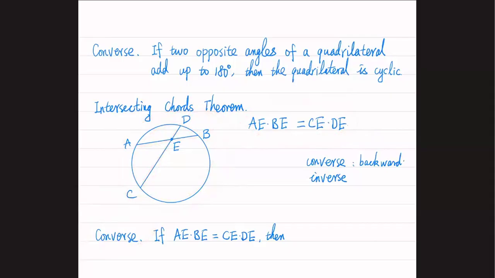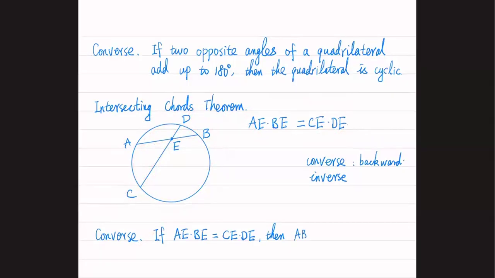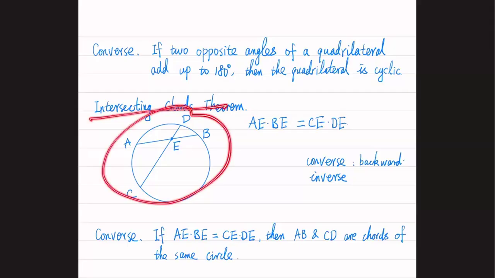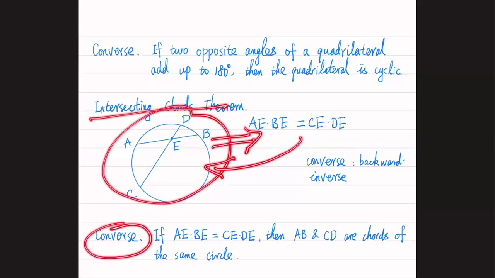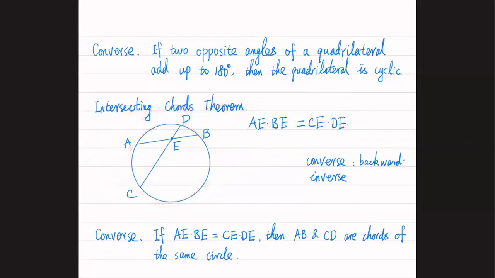Then AB and CD are chords of the same circle. So you can see how this goes. Initially, the theorem is going this way. The converse would go this way. If we have the identity, it must be on the same circle.